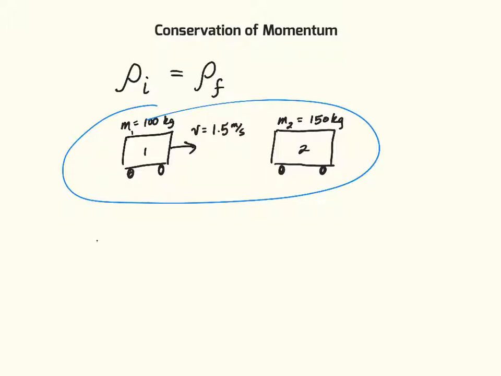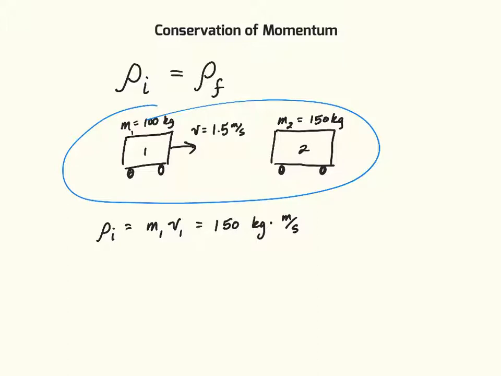So our initial momentum is just equal to m1 times v1, and if we do that basic math, we get 150 kilograms times meters per second.